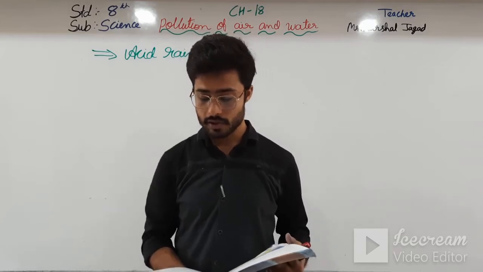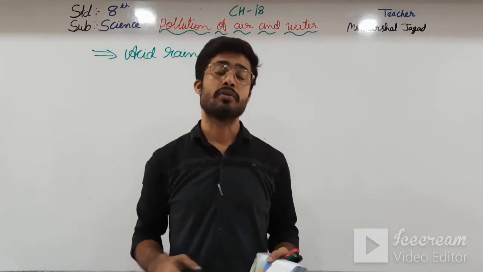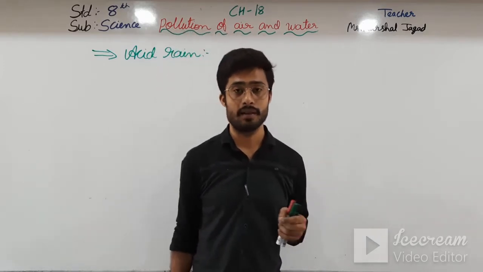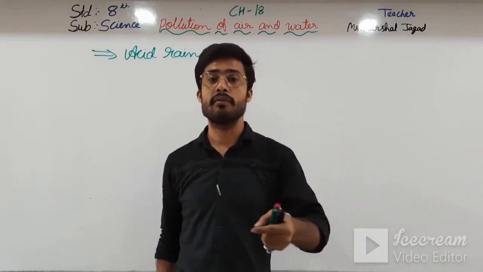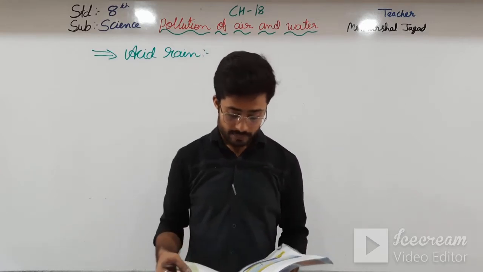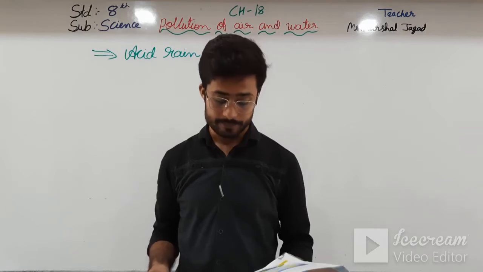Acid rain is the major cause of the damage. Due to the acid rain, it is converting that white to a yellowish type. Okay students, so let us understand what is acid rain.